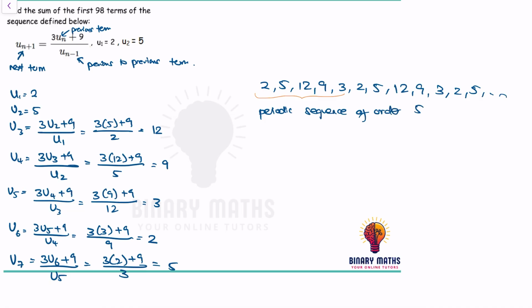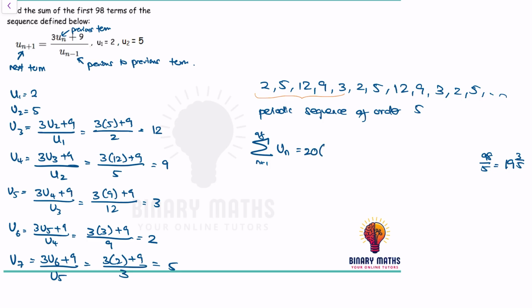That means if I'm trying to work out the sum of n equals 1 to 98 of Un, 98 divided by 5 is equal to 19 3/5. So that means I'm going to get 3 extra: U1, U2, and U3.